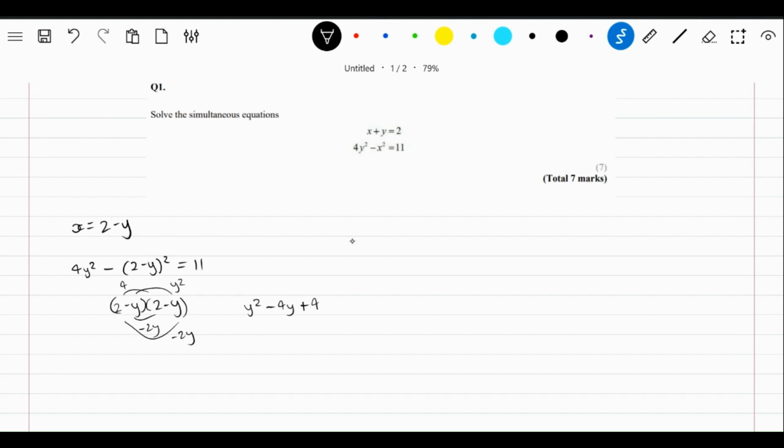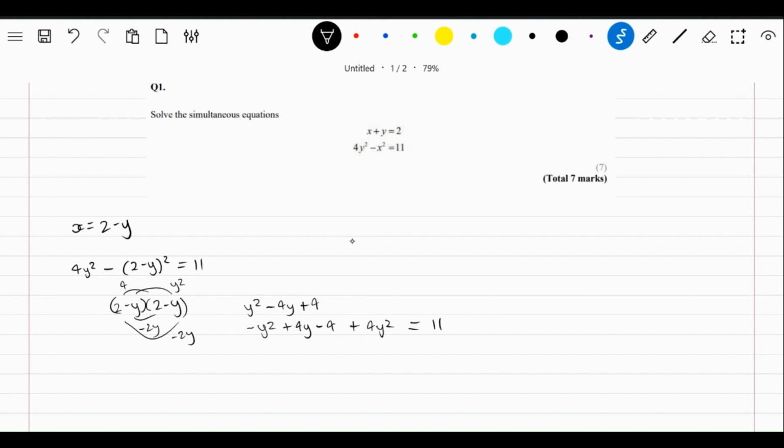But remember, this was a minus sign here, so we're actually going to reverse the signs on all of these ones here. So it's going to be minus y squared plus 4y minus 4. And then we're going to add the 4y squared back on from this bit here, and that is going to equal 11.